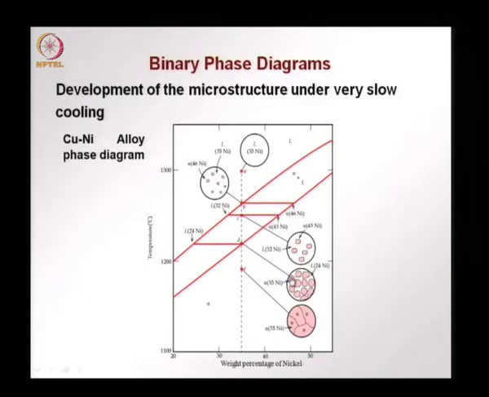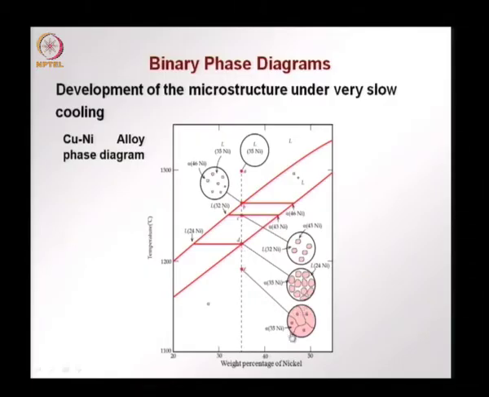So, the solid part now has 35% nickel corresponding to this point, and the liquid has 24% nickel. So, this microstructure now looks like this, with the liquid part having 24% nickel and the solid part having 35% nickel. As the temperature drops, we cross over to the single phase solid region.